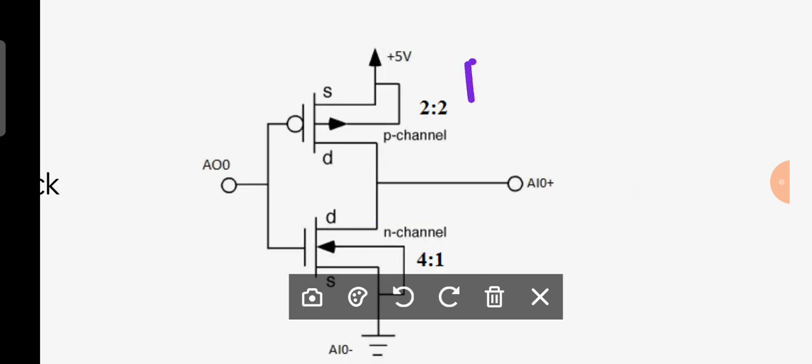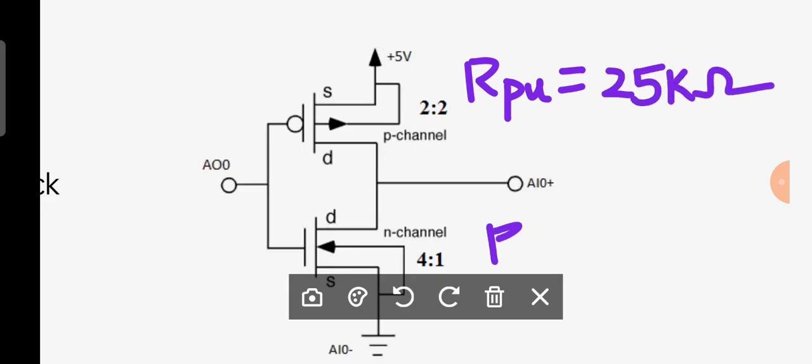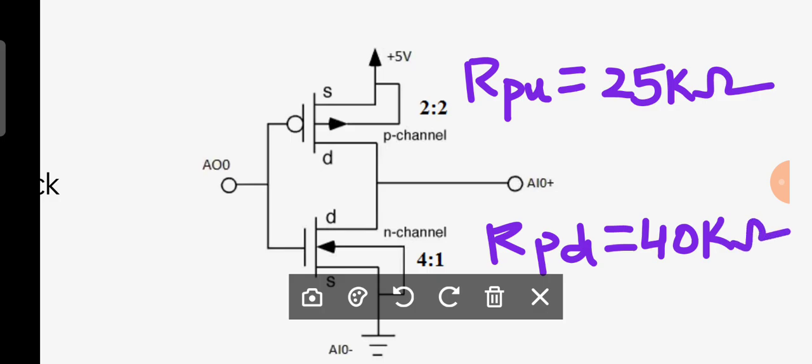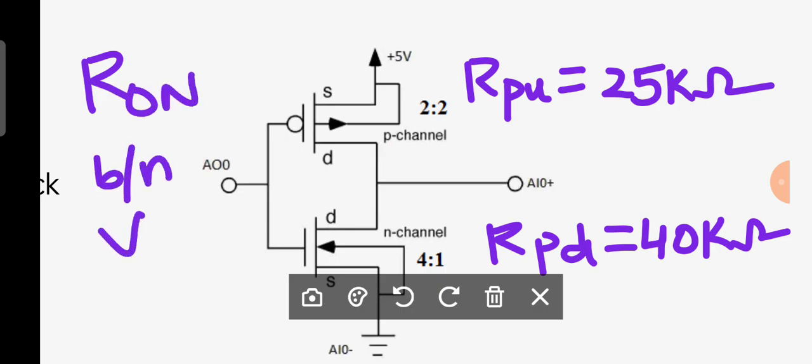Therefore, finally, R pull up is equal to 25 kilo ohm. R pull down is equal to 40 kilo ohm. Now, let us consider, they said to find out the on resistance between VDD to VSS.